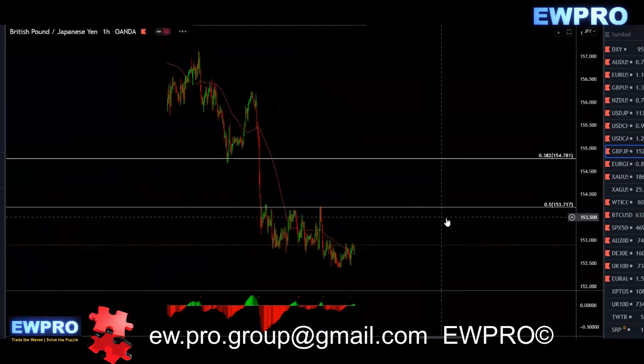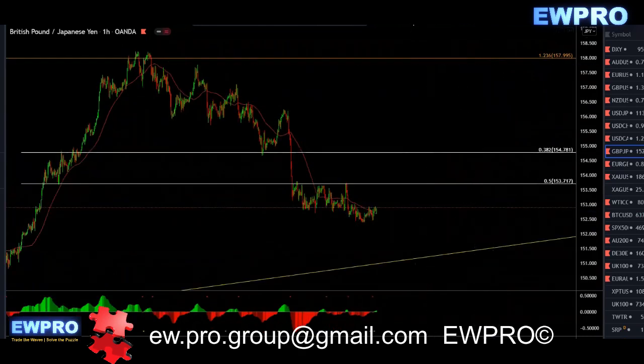On the H1, it is starting to get choppy down the bottom here. Like I said last week, we did have that bullish divergence there last week, I think. We're getting bullish divergence here now anyway, so you can really only look for the buy.